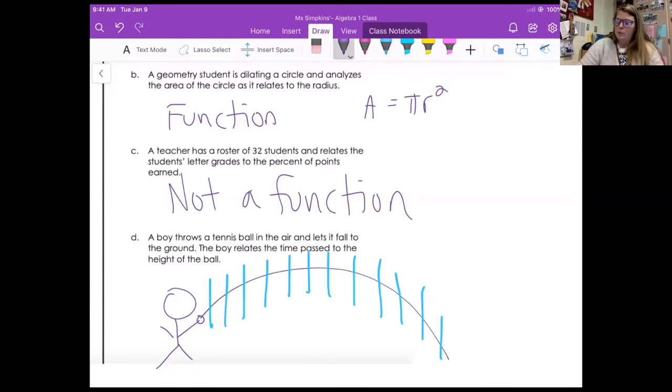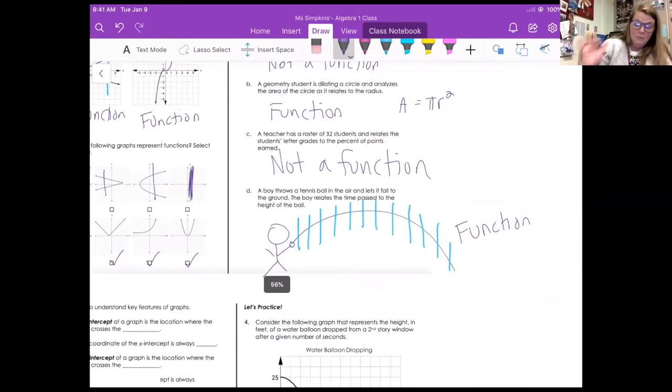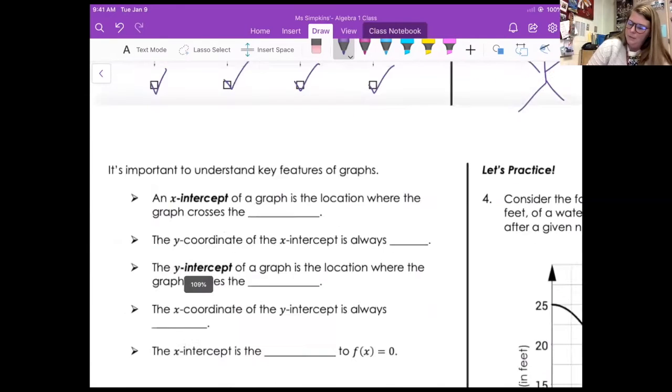So that would be a function. I would hate art. It's never been my thing. I'm jealous of people that are good at it.